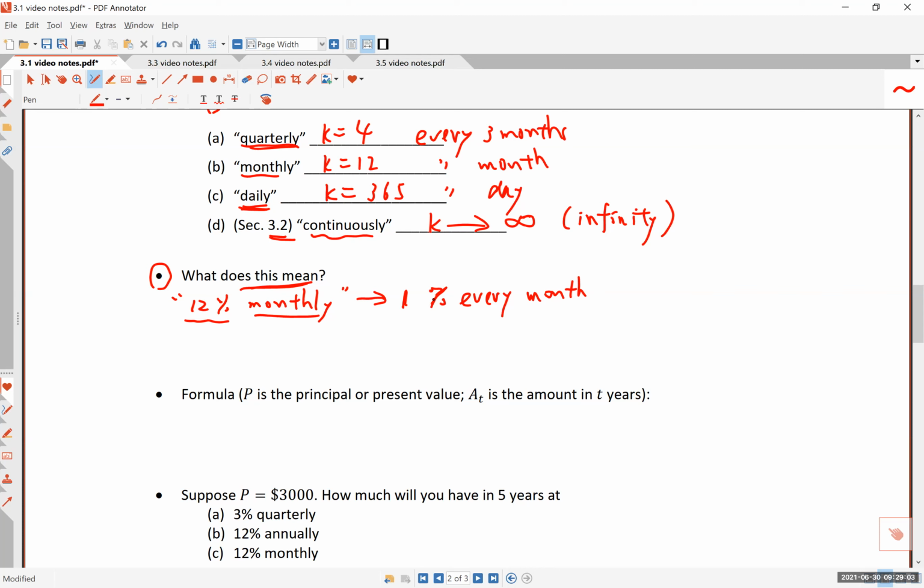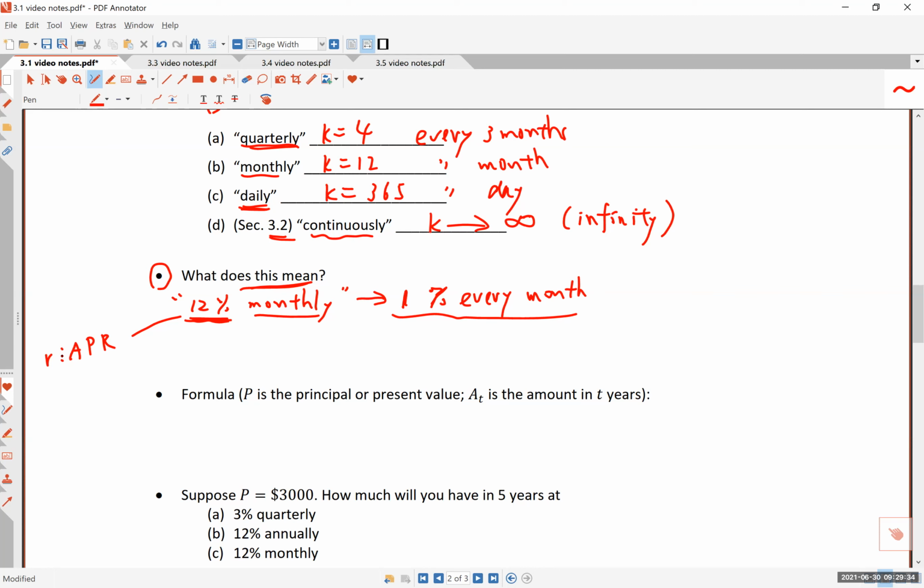And interestingly enough, maybe you see this coming, because of the compound, not linear, growth of compound interest, once you find out how much you will earn in 1 year, it's not exactly 12%. It's going to be more than 12%. So even though they say 12%, this is your APR, which we denote with the lowercase r.